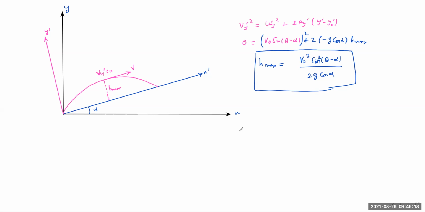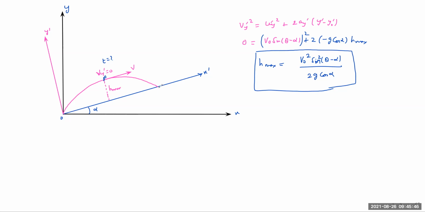So that's interesting. Can you find the time taken by the projectile to reach here? What is the time here? Now, can we say the time of ascent is same as time of descent? No, we cannot say.